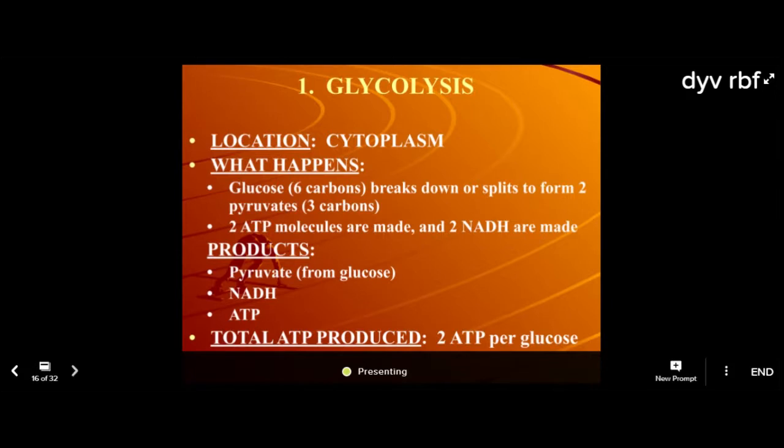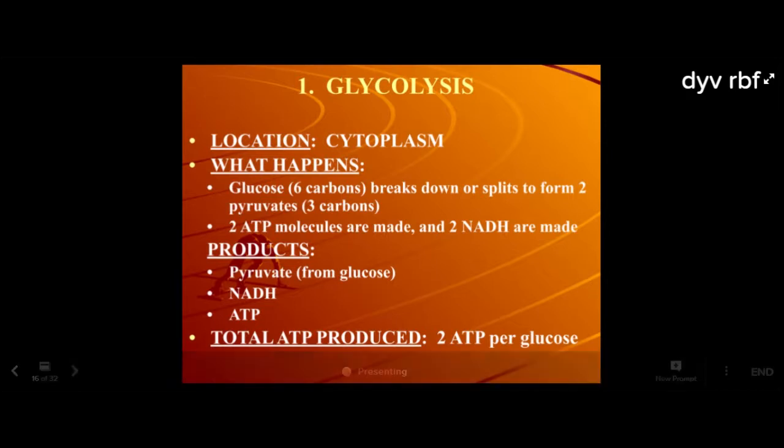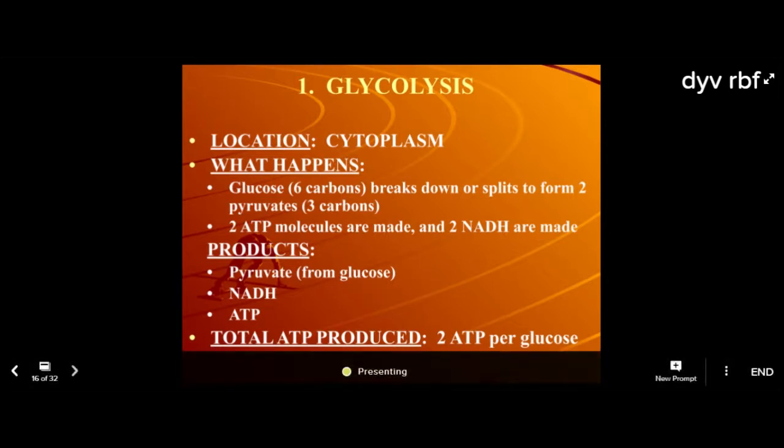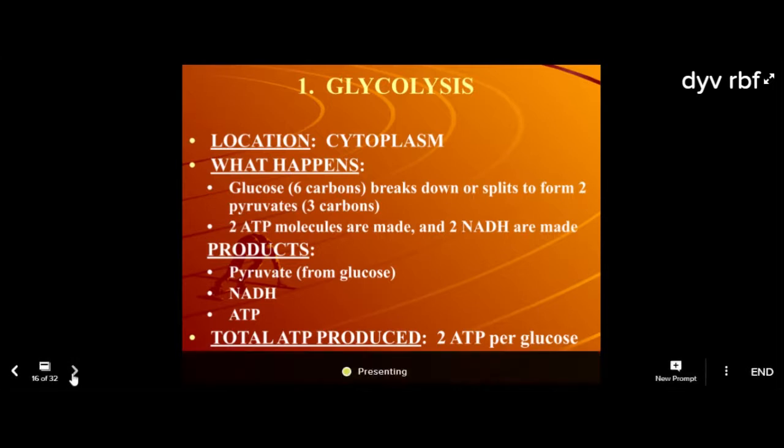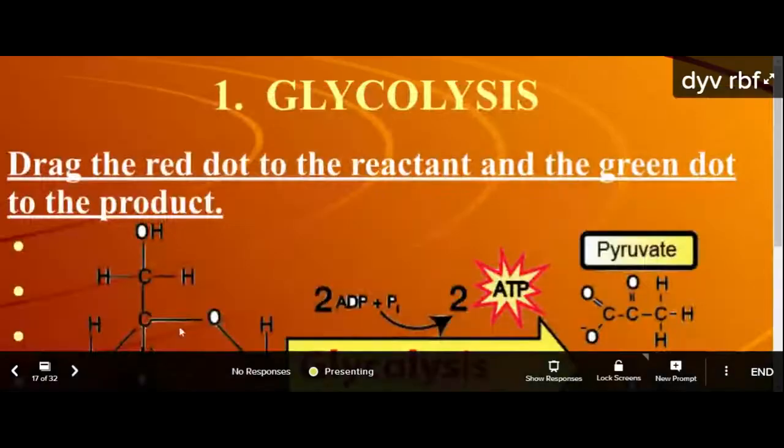They only get 2 little ATP per glucose, which is fine if you're small. But if you're a big complicated organism like us, we need to go to the next steps.